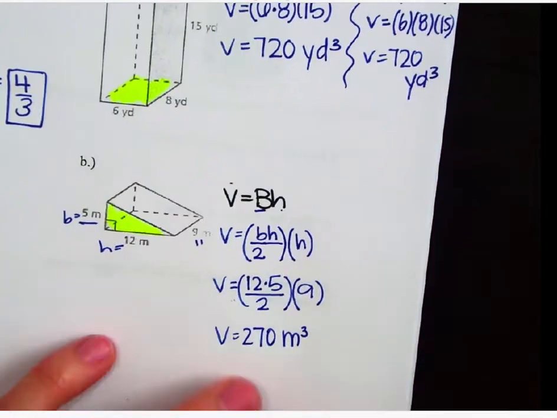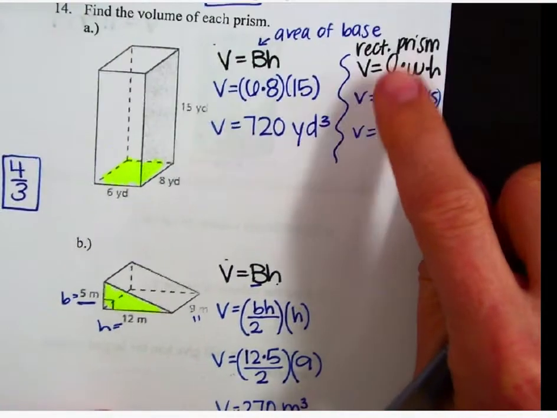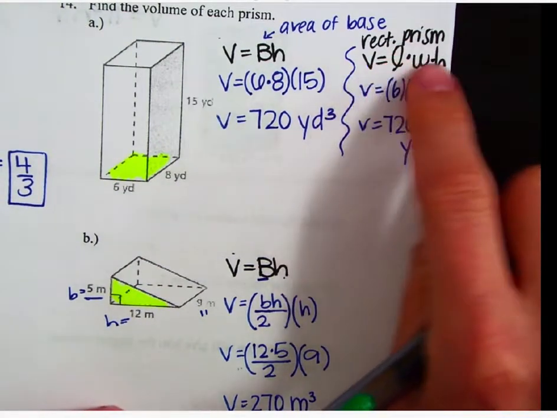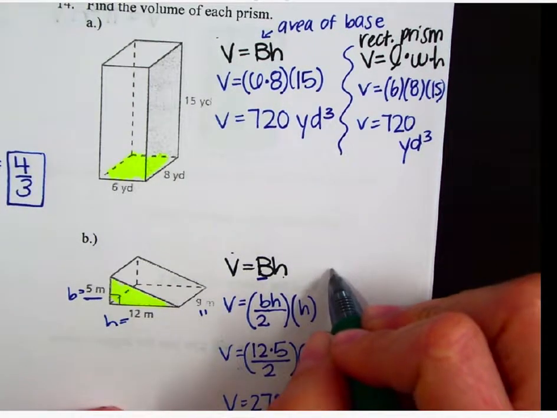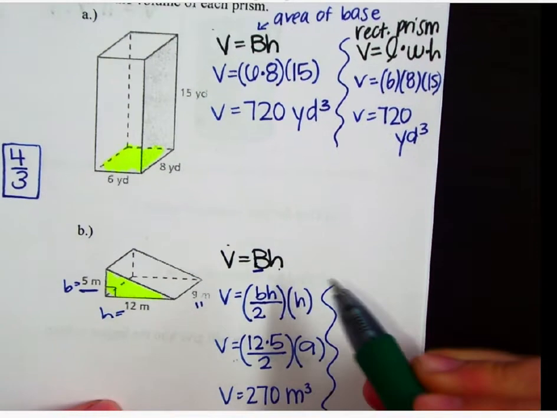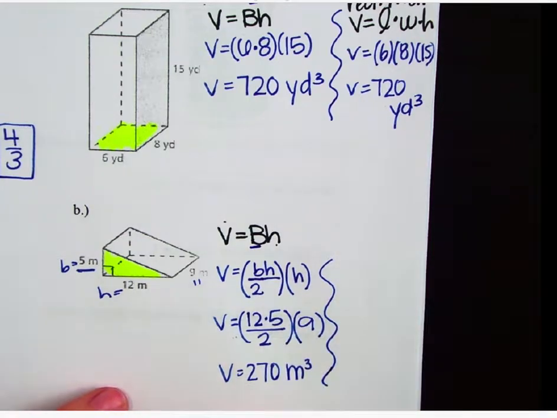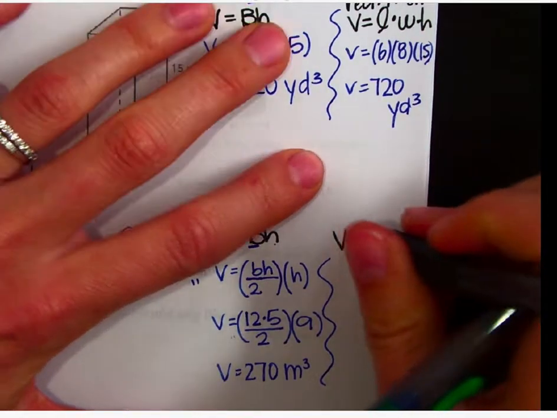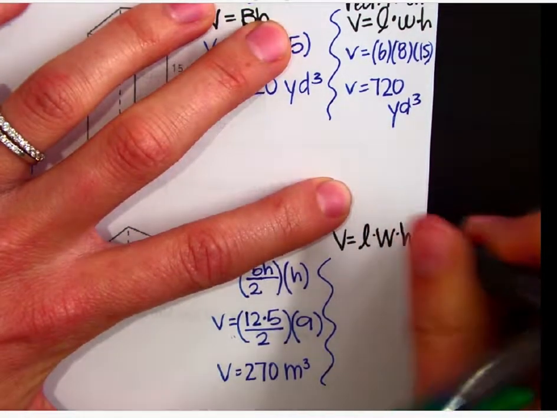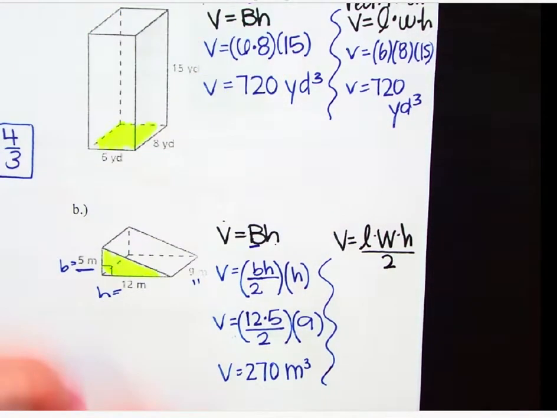Another way you can think of this is how it relates to the rectangular prism. If you like using length times width times height, you can remember that a triangular prism can be thought of as a rectangular prism divided by 2, or half of a rectangular prism.